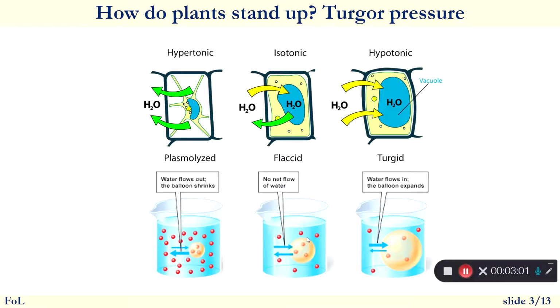So inside the cell is the same as outside the cell. And if we look at a plant cell, what we end up with is we have this rigid cell wall. We have the cell that's bound by the membrane inside the wall. So it's close to the cell wall, but it's not pushing up against that cell wall. And we end up with flaccid leaves in that case.